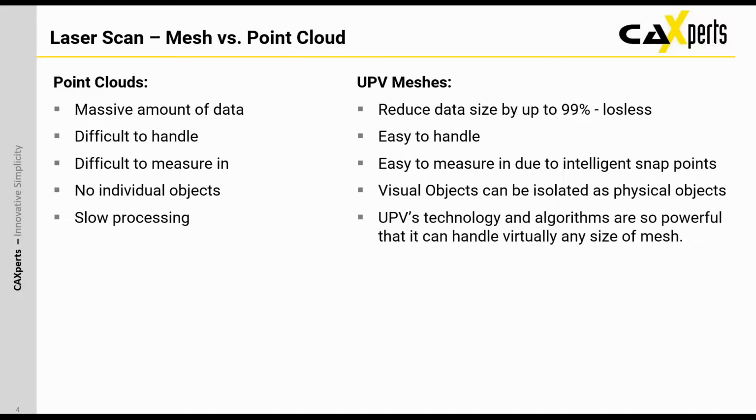So even when we're talking about meshes themselves, there are other products on the market that also can handle meshes, but only to a certain degree before they actually get down on their knees, figuratively speaking. While UPV can basically handle really any size due to the advanced algorithms we're using and the level of detail.